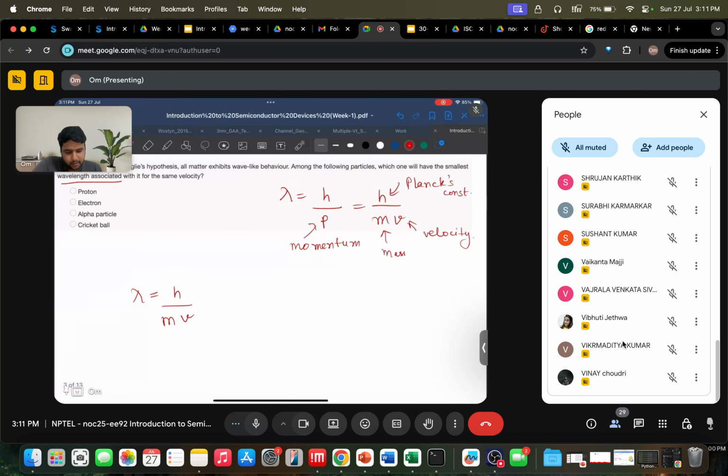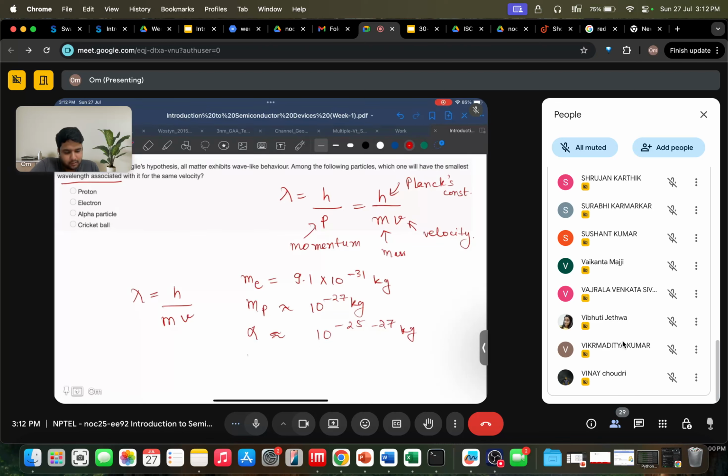If you see, the mass of an electron is 9.1 into 10 to the power minus 31 kg, and the mass of a proton is around 10 to the power minus 27 kg. The mass of an alpha particle should be in a similar range, I'm not exactly sure, maybe 10 to the power minus 25 to 27 kg.